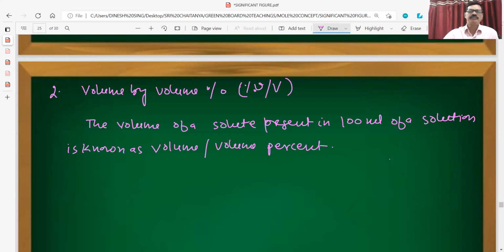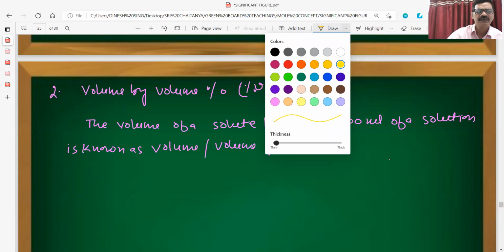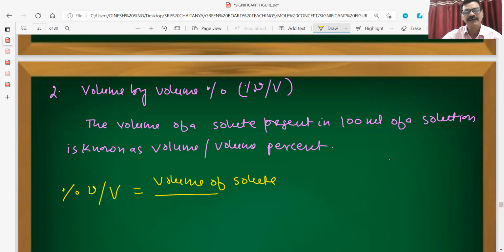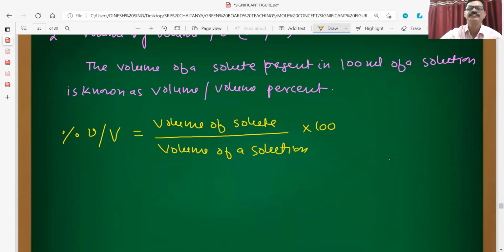So now we can make the formula: volume by volume percent will become equal to volume of solute divided by volume of a solution into 100, because percent means 100.